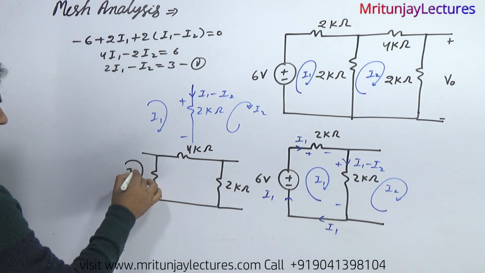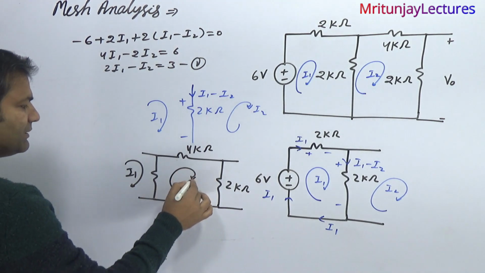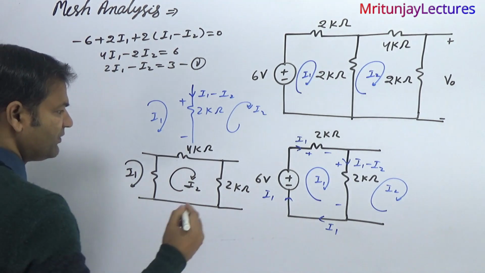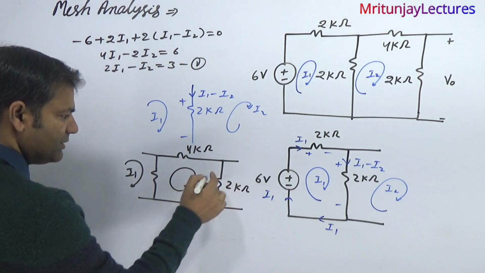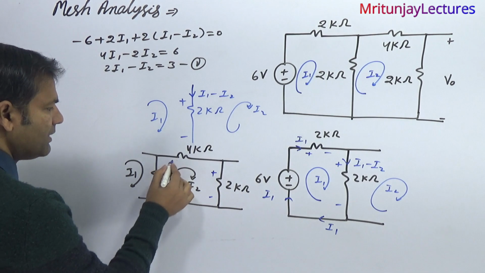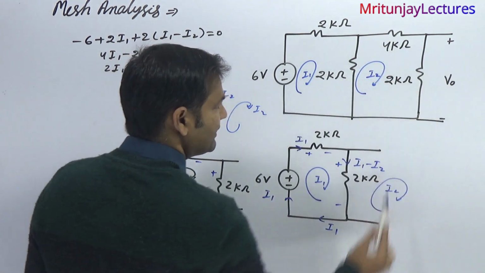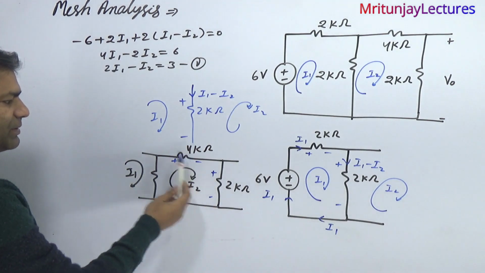I1 like this one and I2 like this one. First of all, here current from here to here, so plus to minus, from here to here plus to minus, because there is no loop here, no loop here, that's why loop current and branch current are the same.